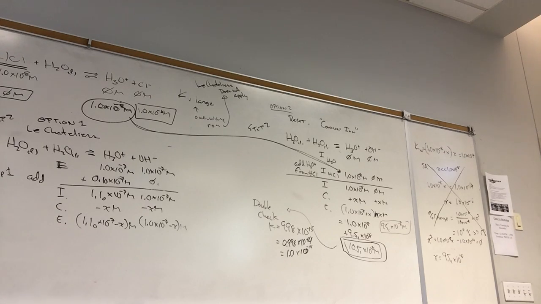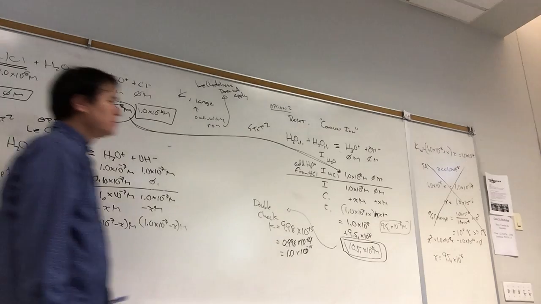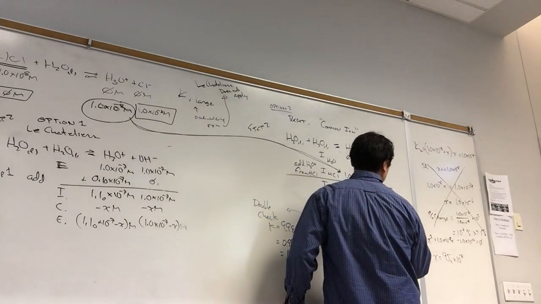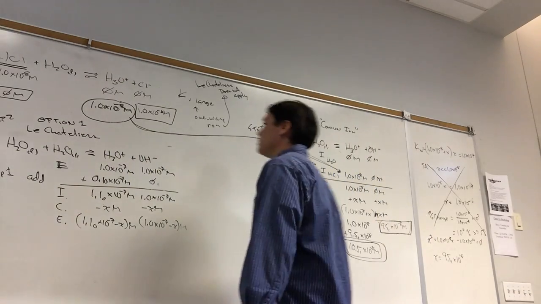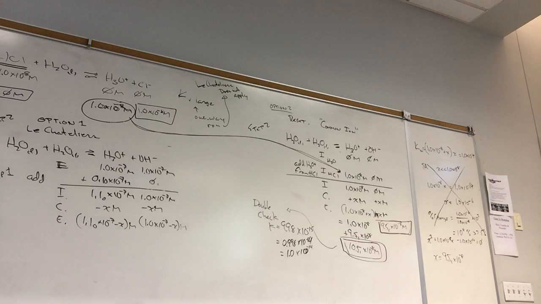And what am I missing? The hydroxide concentration. The hydroxide ion concentration comes entirely from water, and it's right here, 9.51 times 10 to the minus 8. All right, and then we're done.